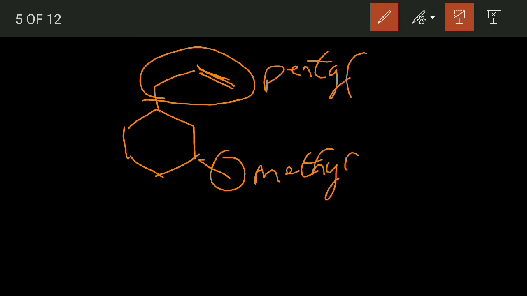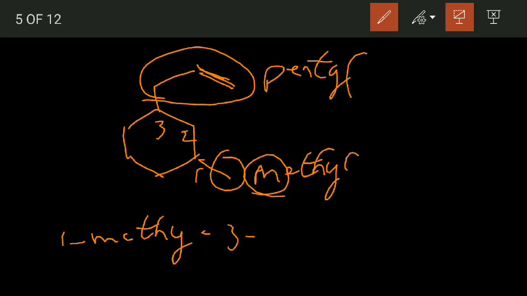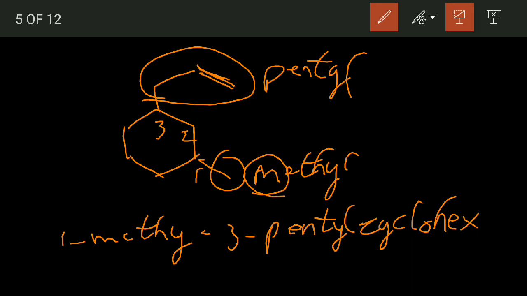So the numbering would start from methyl as M comes first. So 1, 2, 3. So 1 methyl, 3 pentyl cyclohexane.